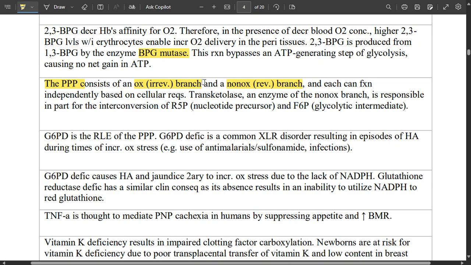G6PD is the rate limiting enzyme of the pentose phosphate pathway. G6PD deficiency is a common X-linked recessive disorder, resulting in episodes of hemolytic anemia during times of increased oxidative stress, for example use of antimalarials, sulfonamides, and infections. In these stresses, there is excessive generation of free radicals. Free radicals destroy the RBCs, causing hemolytic anemia.